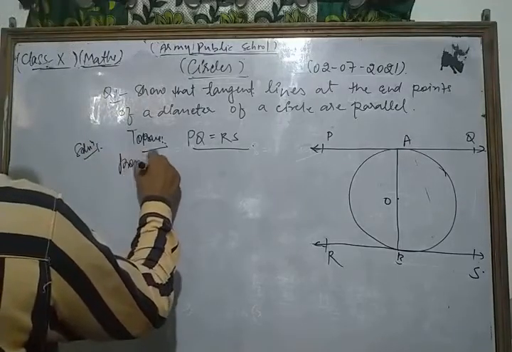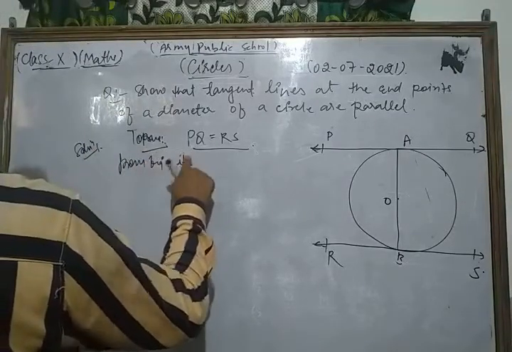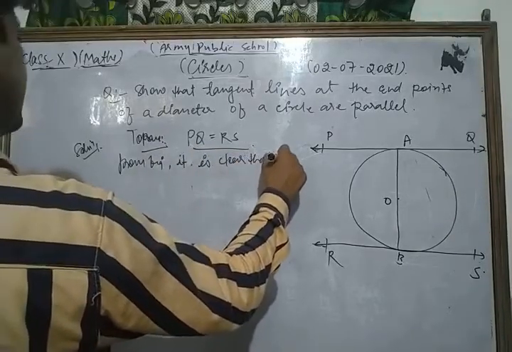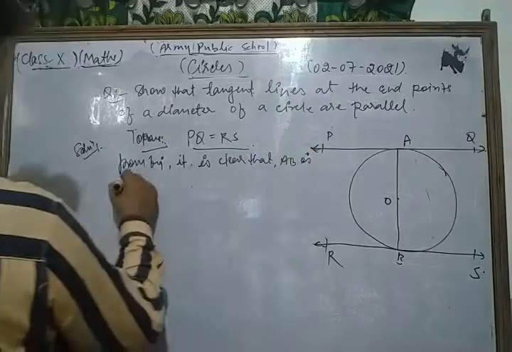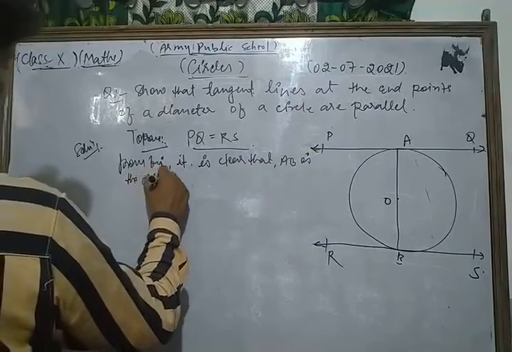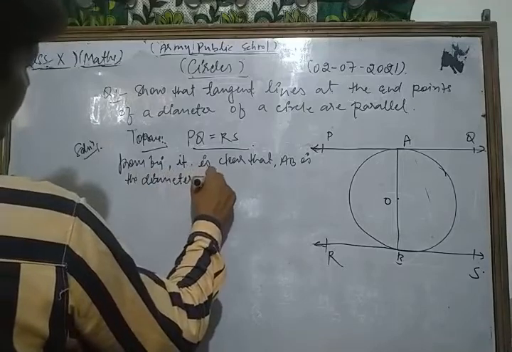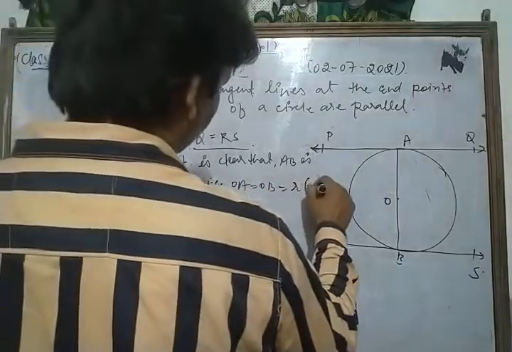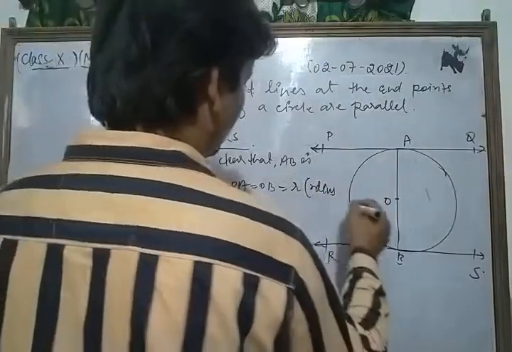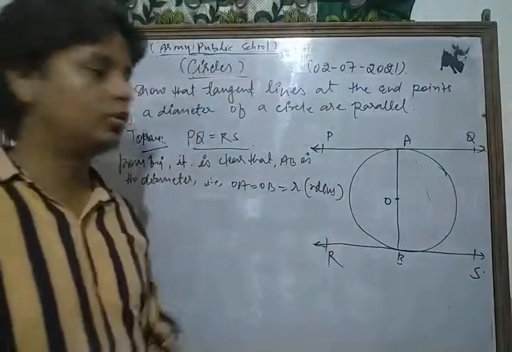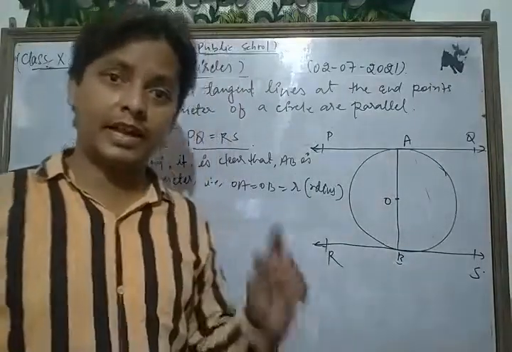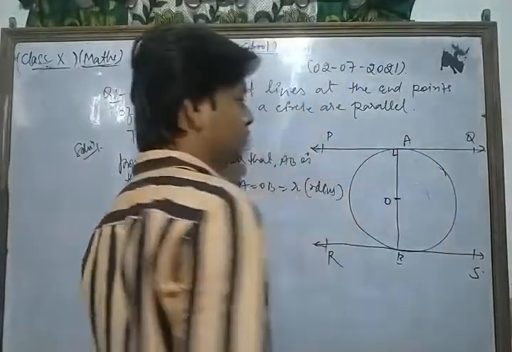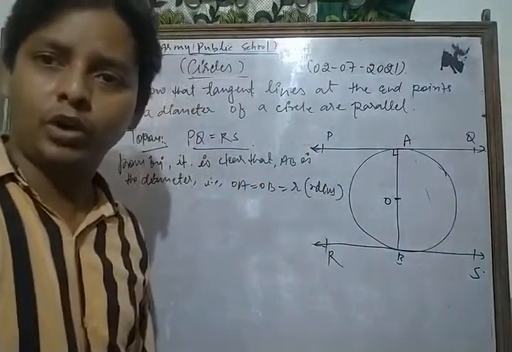From the figure it is clear that AB is the diameter, that is OA is equal to OB, each equal to r, the radius of the circle. And we know that the radius of the circle is perpendicular to the tangent at the point of contact.